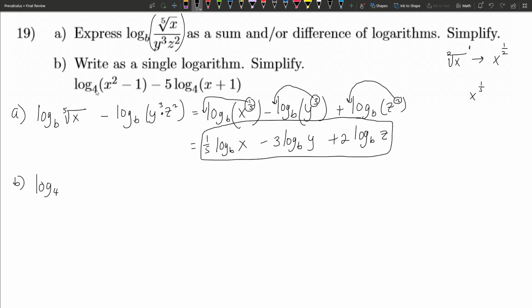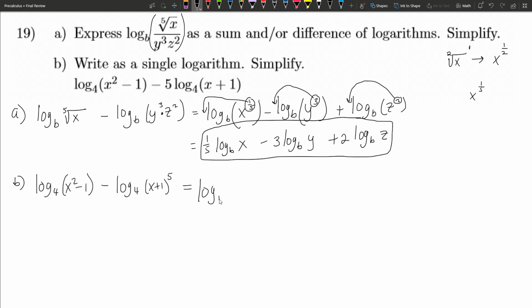So log base, by the way, they must have the same base, and they do. x squared minus 1 minus log, same base as that one, x plus 1, and that is to the 5th power. Okay, now let's take that minus, put it right back as a fraction.